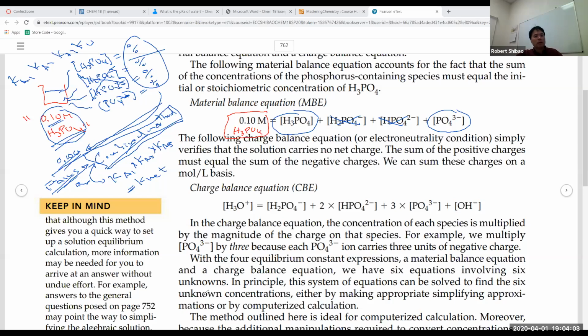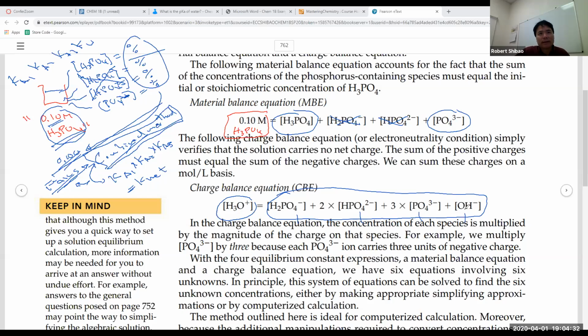All right. Likewise, when we look at the total charge, the total charge has to balance out. That is, the total positive charge has to equal the total negative charge. And the total negative charge is going to be generated by 4 species. So if we eliminate Kw, let's say, then we're assuming this is very small.